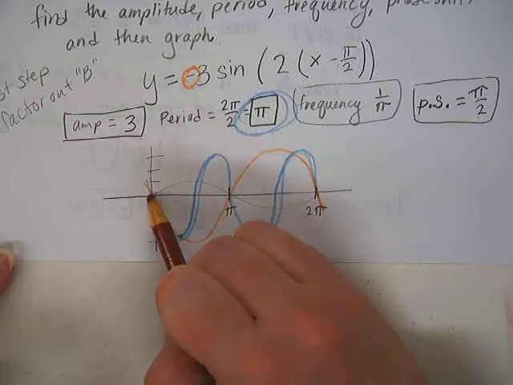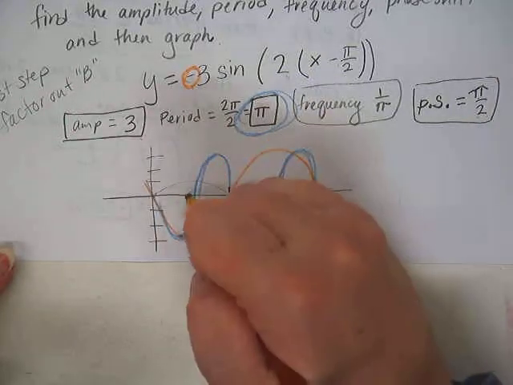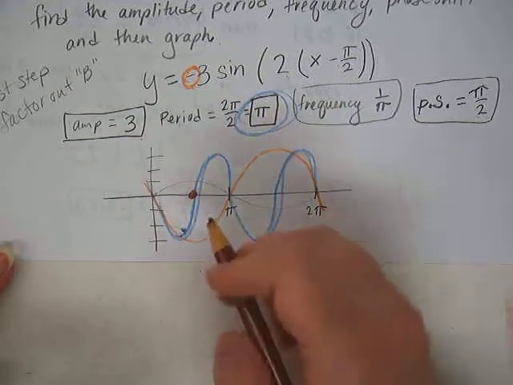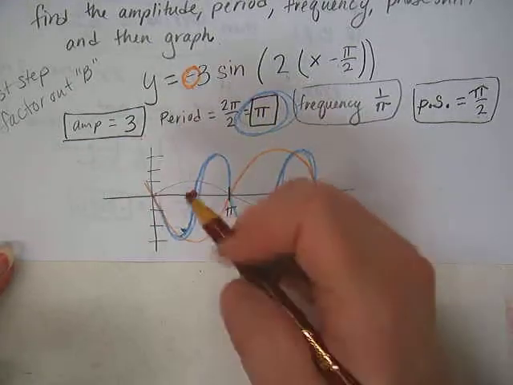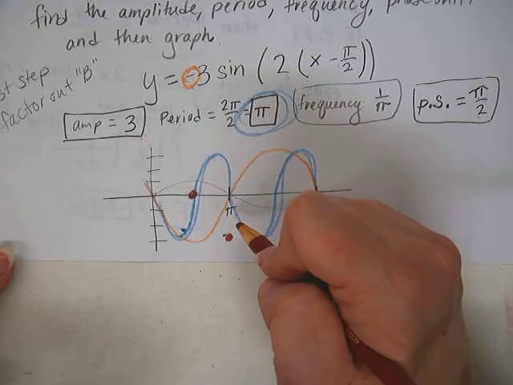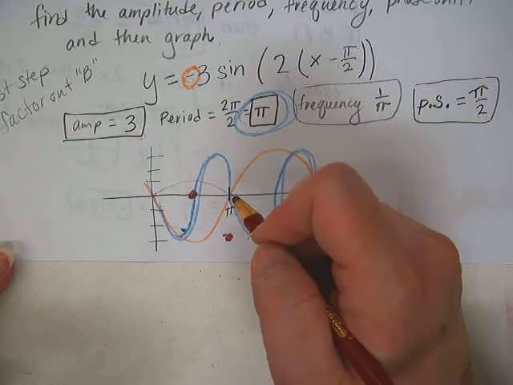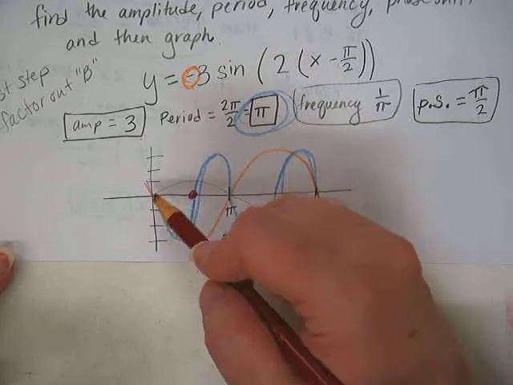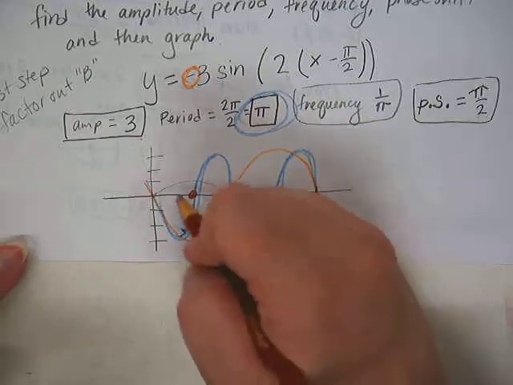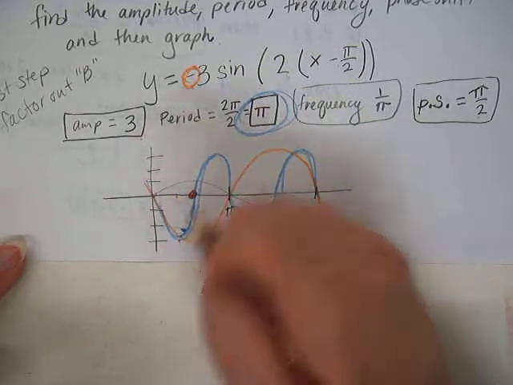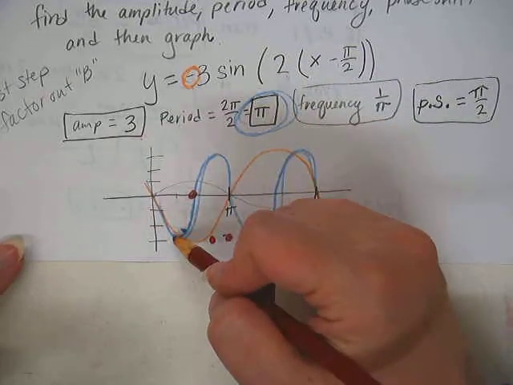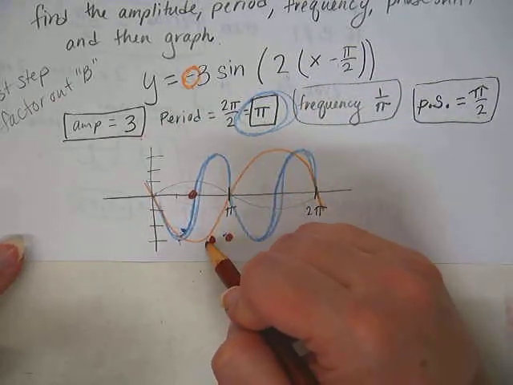Then, for our final answer, we do the phase shift of pi halves to the right, pi halves, correct? So that means this point here is going to move right to that point here. This point here is going to move right over here. Right? Oh wait, this one's in between.